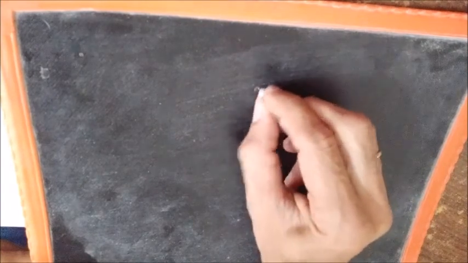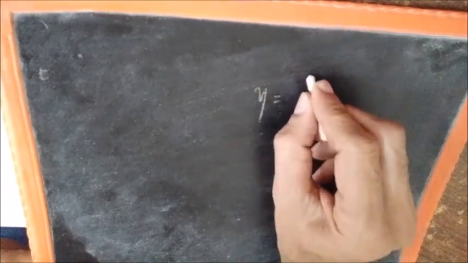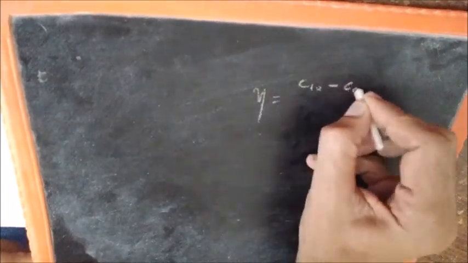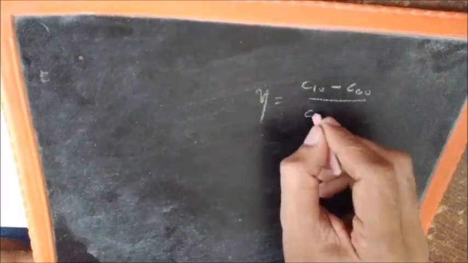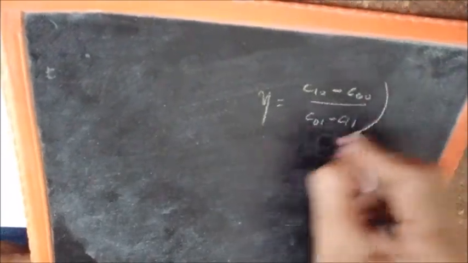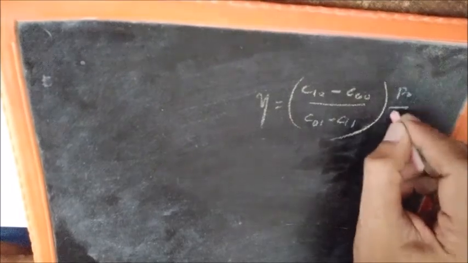Now, the earlier decision rule which we discussed, wherein we took a decision by comparing a certain left-hand side with a threshold eta, which is given by (C10 minus C00) divided by (C01 minus C11) into P0 by P1.